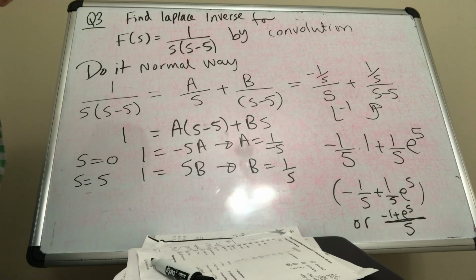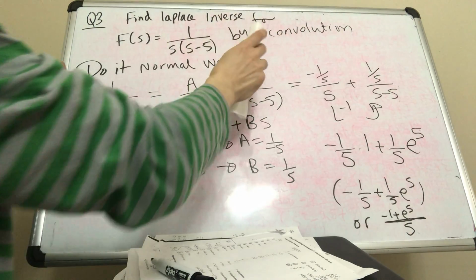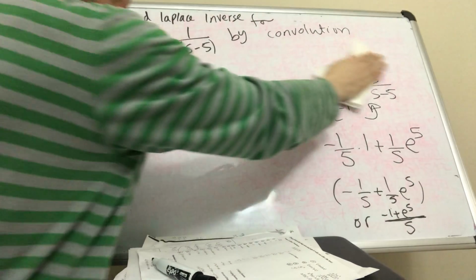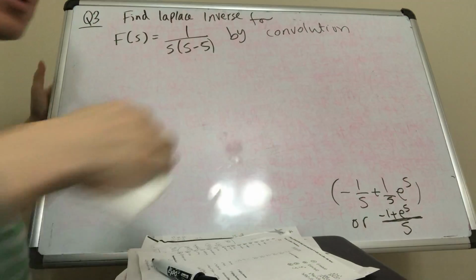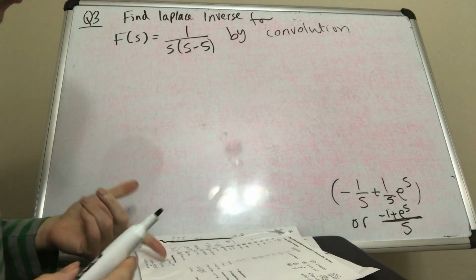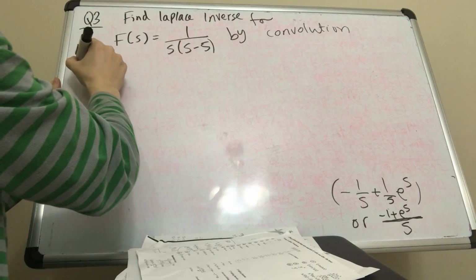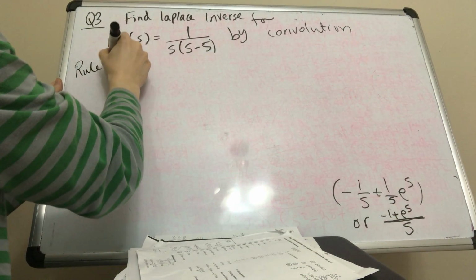To do it using convolution, I'll show you, the rule itself is strange. So this is rule 16.